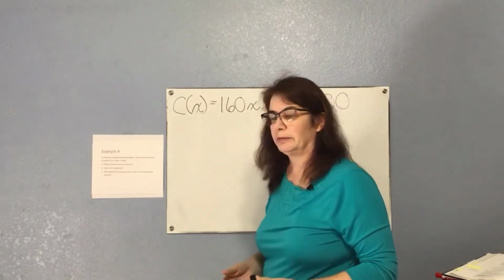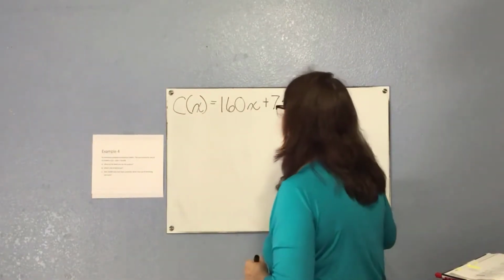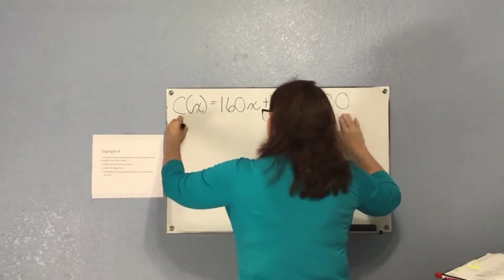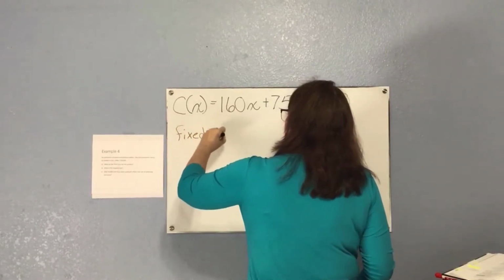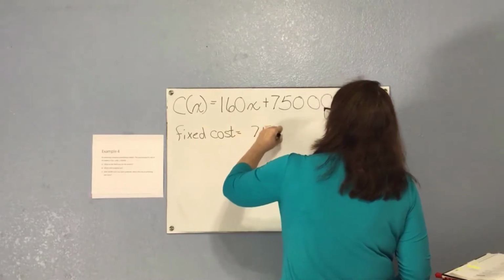And we're first asked, what are the fixed costs for this product? Well, fixed cost is what we start with. That's what we need to set up. So our fixed cost is the $750,000.